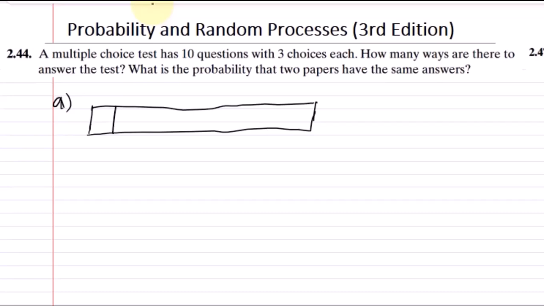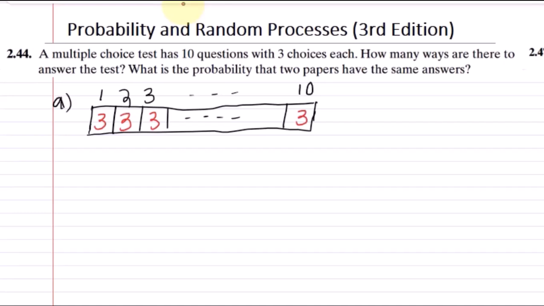We have 10 questions, so we have 10 slots here, 1 2 3 up to 10. In the first question, how many choices do I have? I will have 3 choices. In the second question, again 3 choices, then 3, and up to the end I will have 3 choices.